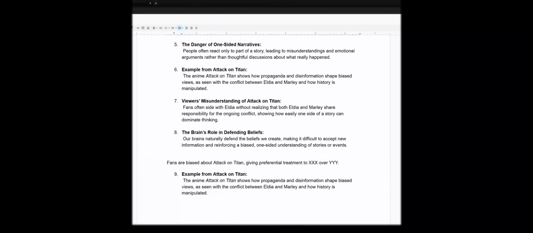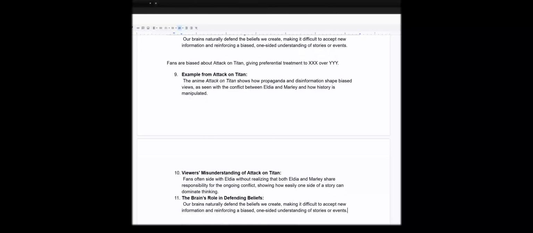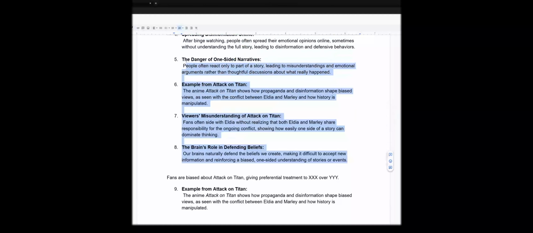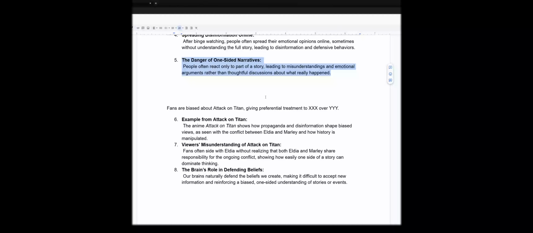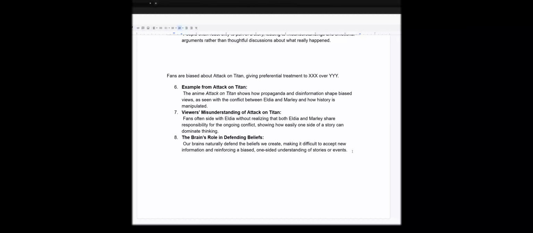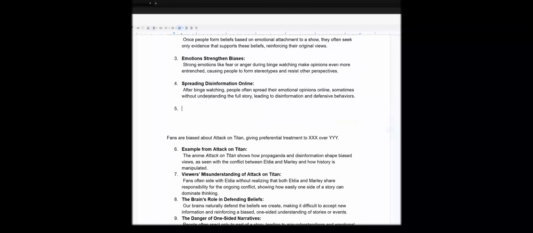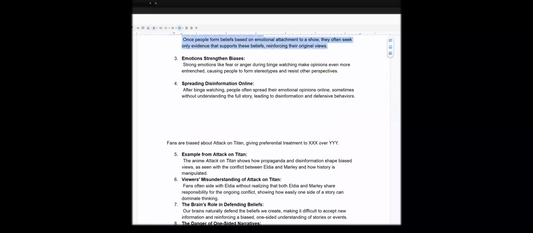And that in there. And then that here. And so we've got these three things taken care of. And then let's do this. One-sided narratives are dangerous because of confirmation bias.